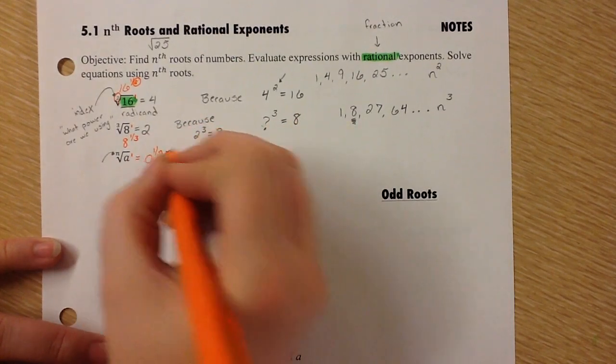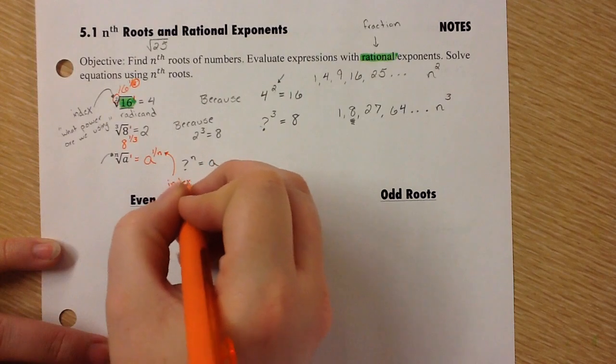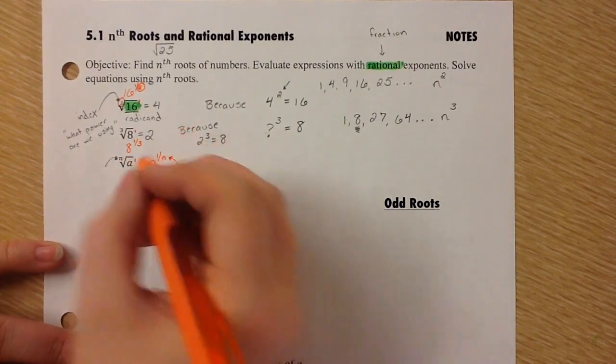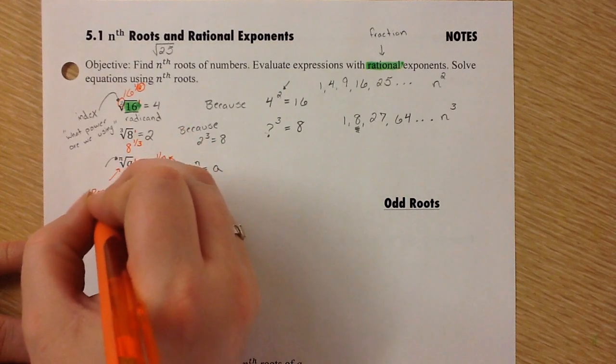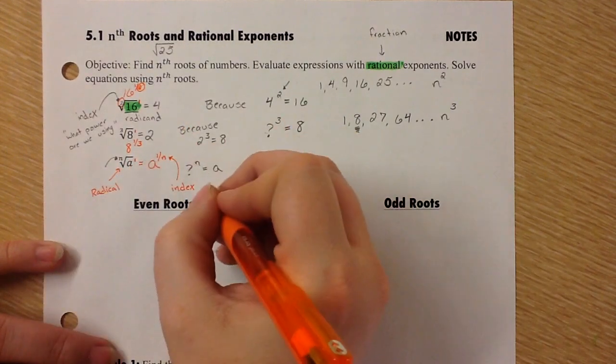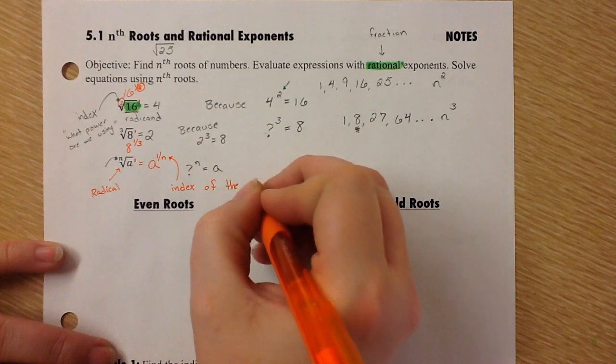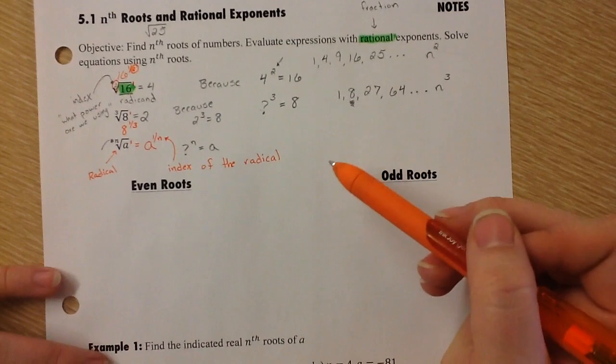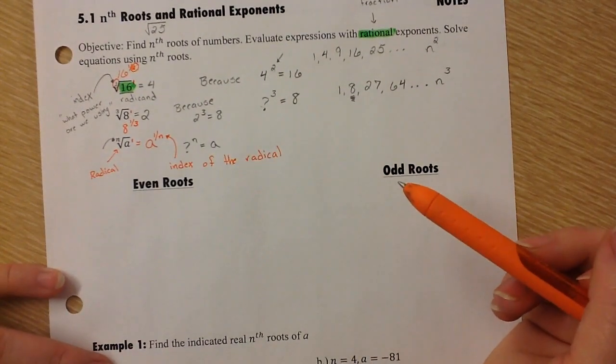That n is the index of your radical. This is our radical symbol, and this is the index of the radical.